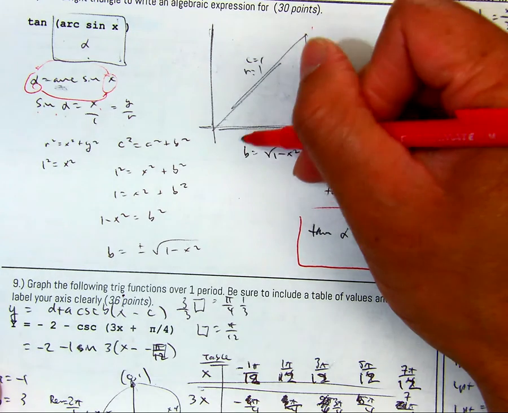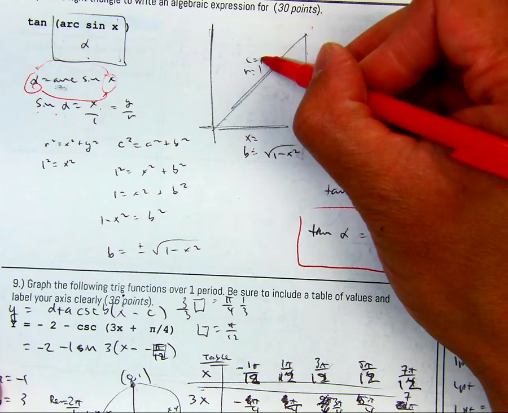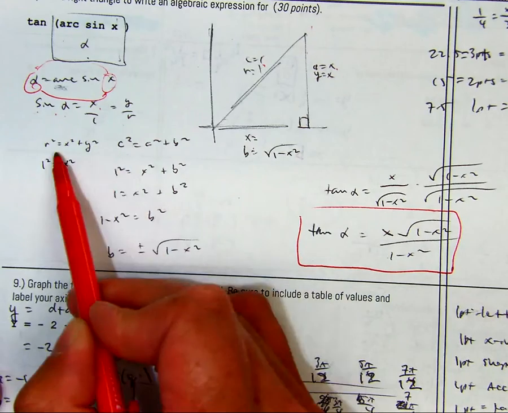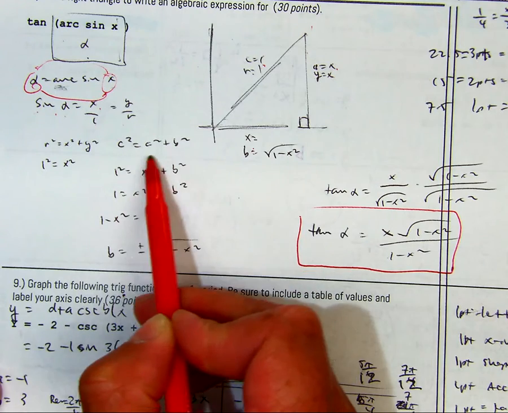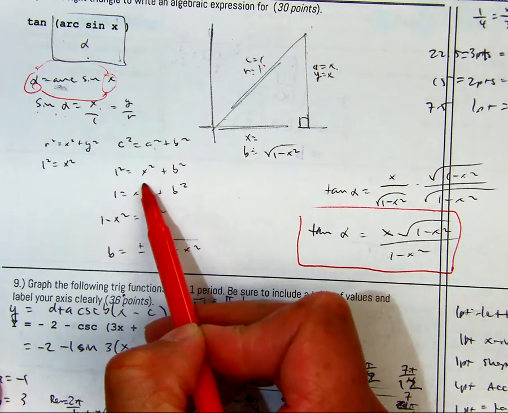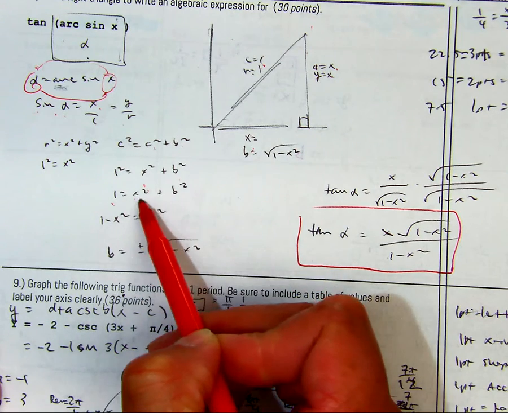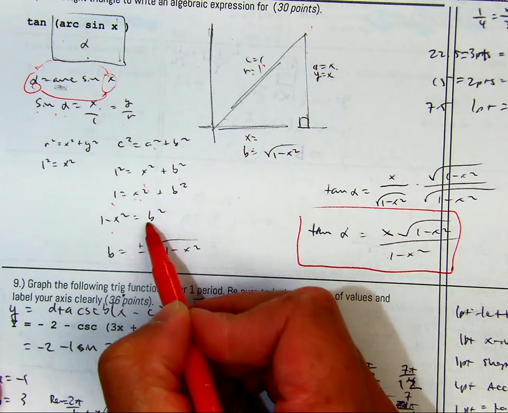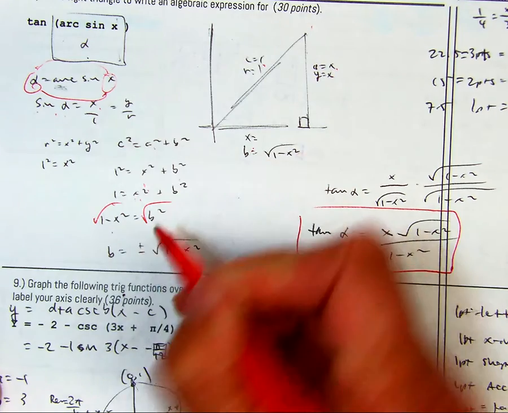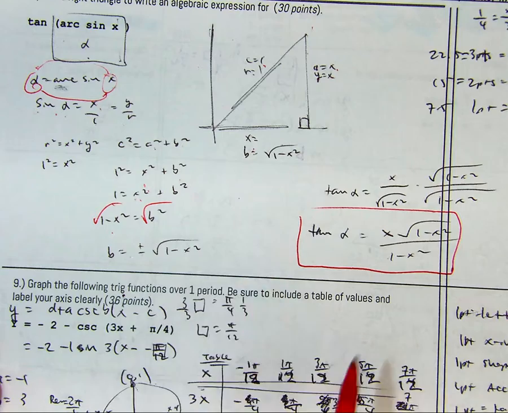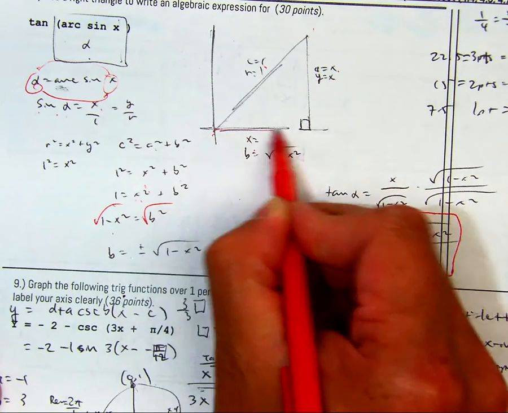Your b value you have to figure out, and your r value is 1. Your c value is 1. So if you use the Pythagorean Theorem, a would be x squared, your b value is unknown, and c is 1, so that becomes 1, x squared is x squared. Subtract, and then you take the square root of both sides. b is equal to plus or minus the square root of 1 minus x squared. You notice that b is in quadrant 1, so that would be a plus.